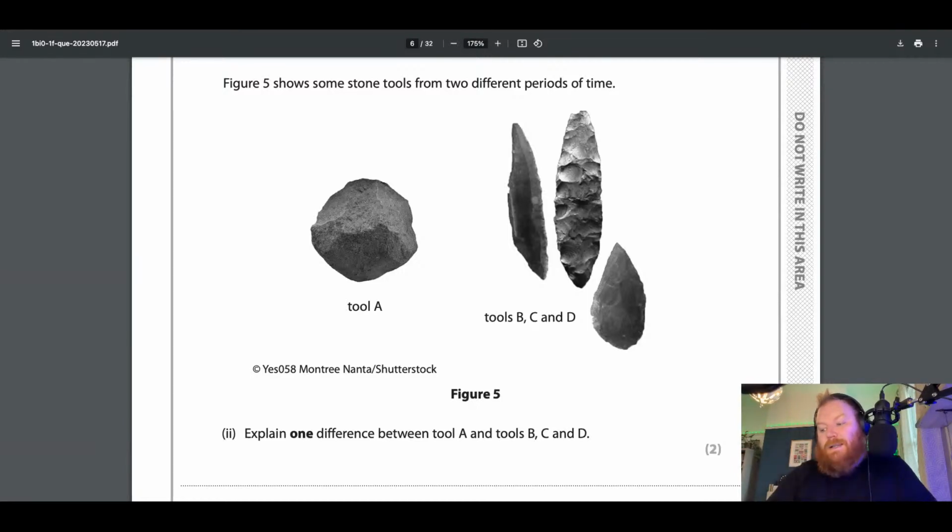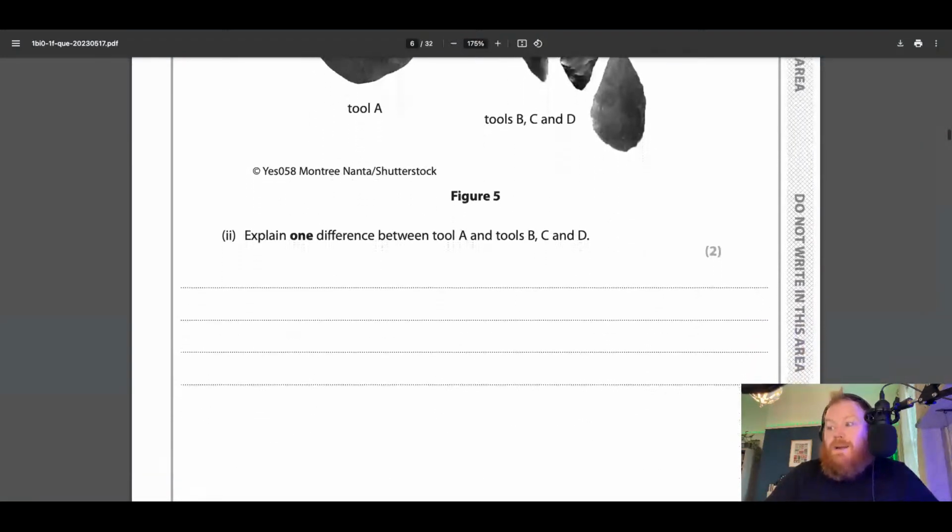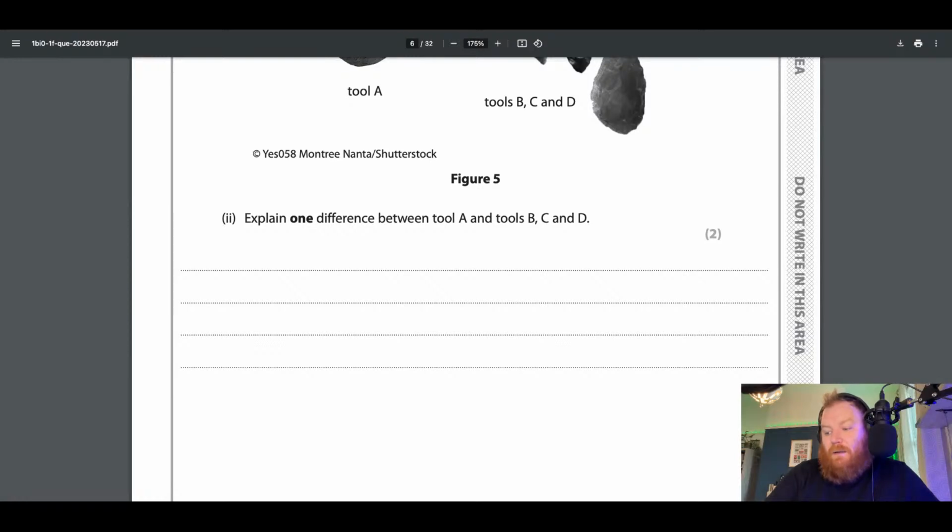That tells us they have been worked a lot more, which means they were made by a more evolved human than tool A, because tool A would have been made by early humans. What I did there, first of all, is give you the answer, and I gave you why that is the answer, by the way.